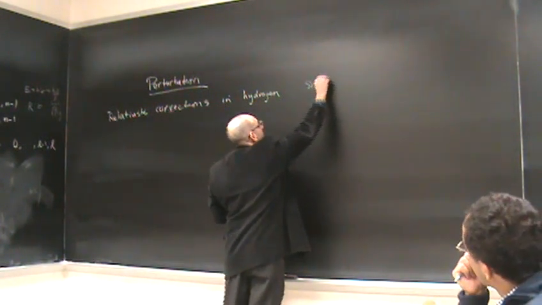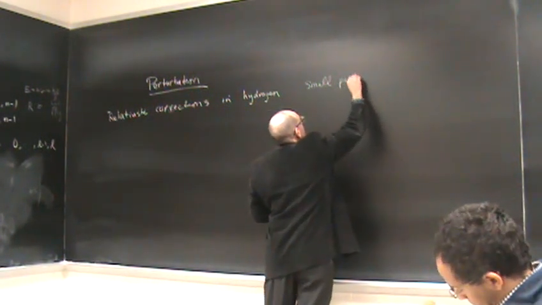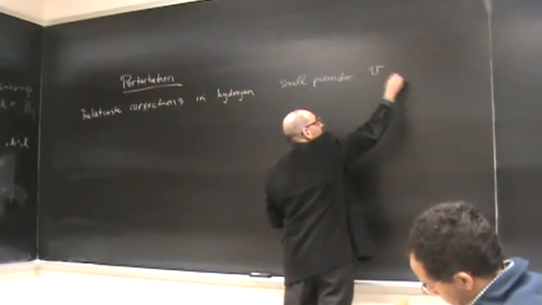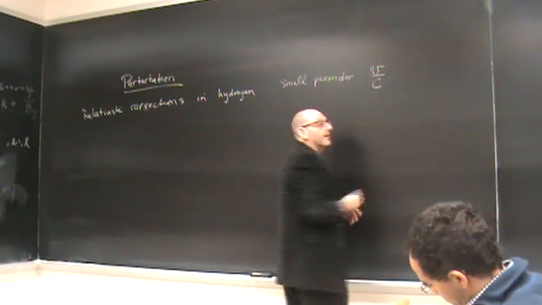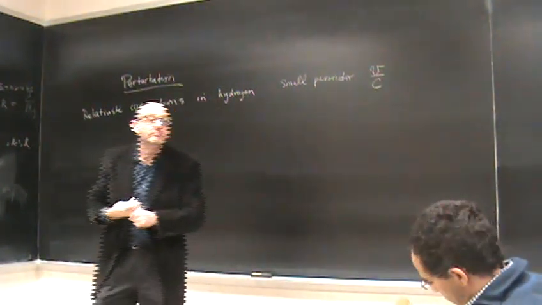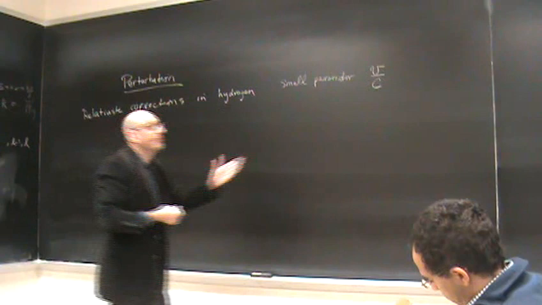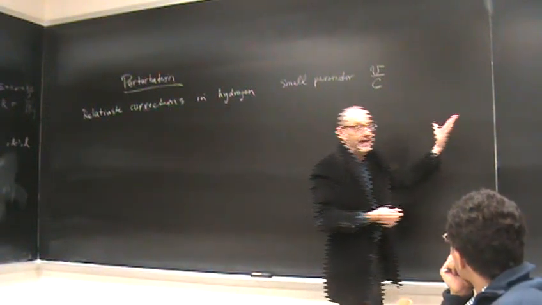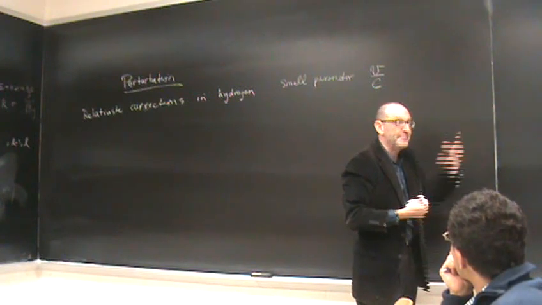There's a small parameter here, and that small parameter is the speed of the electron relative to the proton compared to the speed of light. If that's small, then the relativistic corrections are perturbations to the problem, right?